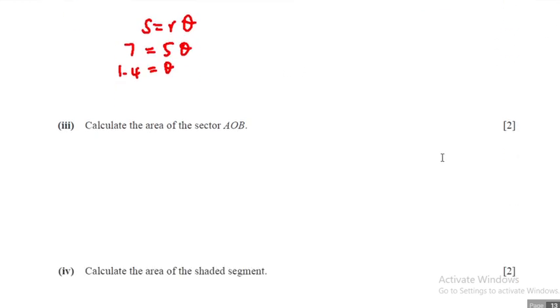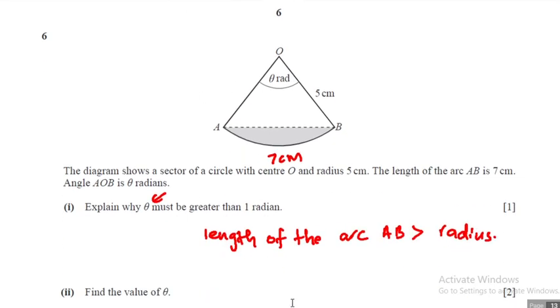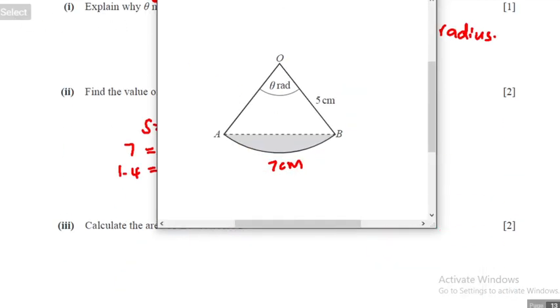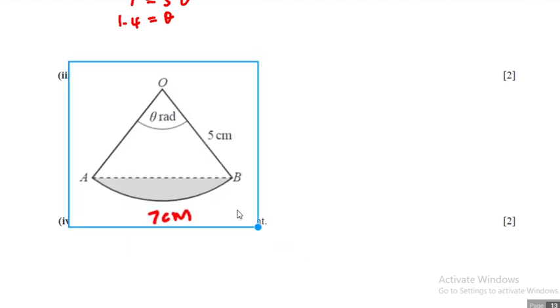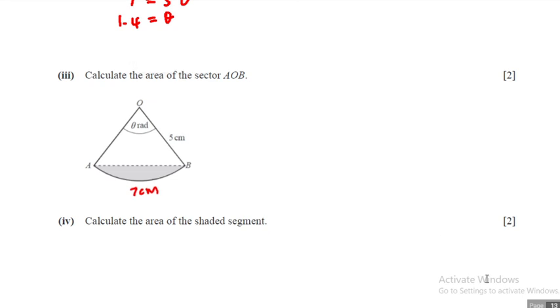Alright, next one, calculate the area of sector AOB. Okay, this is too big, make it smaller a little bit. I think we did a few questions already like this.